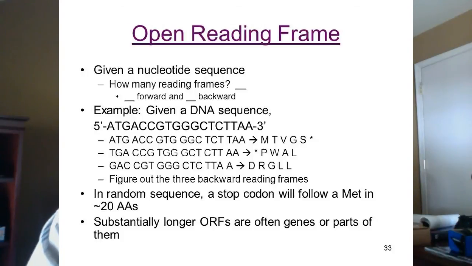So if you take a peek, think for a moment. Here's some thinking questions. In a given nucleotide sequence, how many reading frames are there? So you have to think to yourself, how does RNA polymerase create a message?